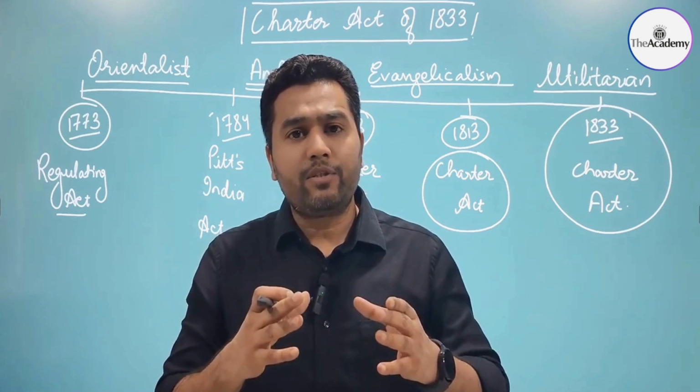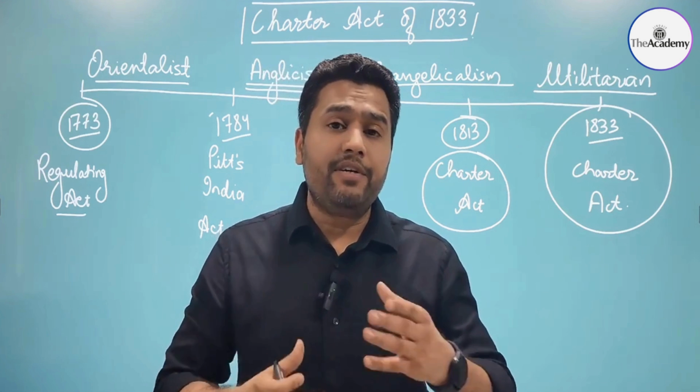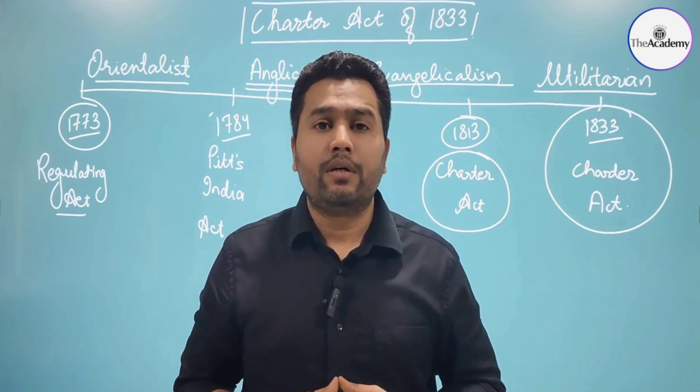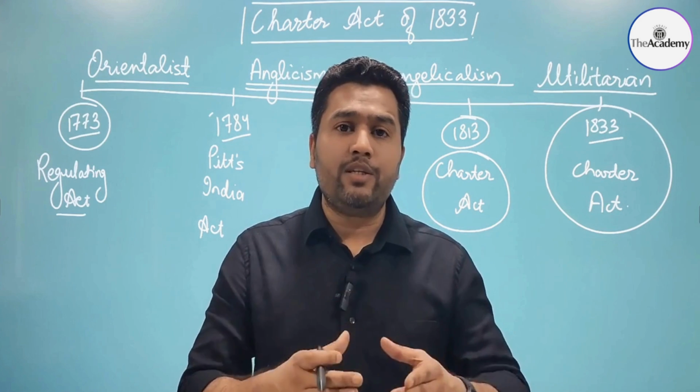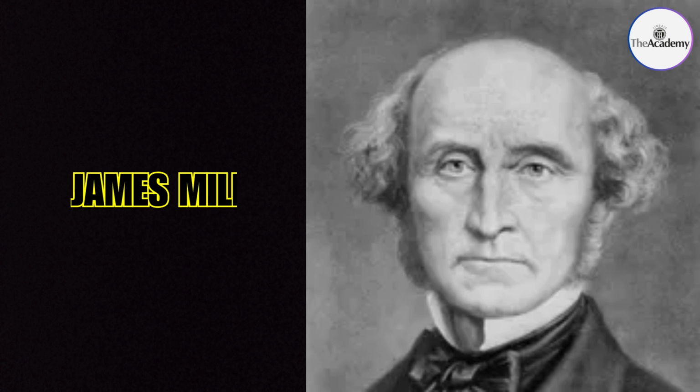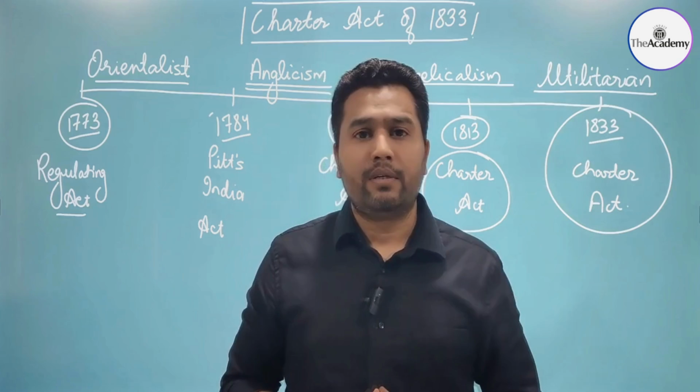And utilitarian principles advocated an active intervention of the state to make sure that every individual enjoyed the life, liberty, and property. James Mill was one of the ardent proponents of this utilitarian school of thought.